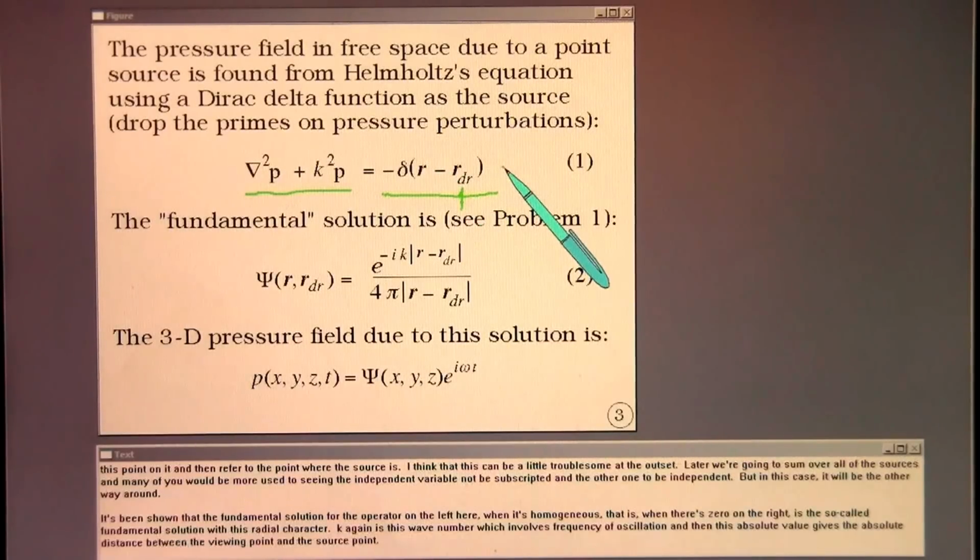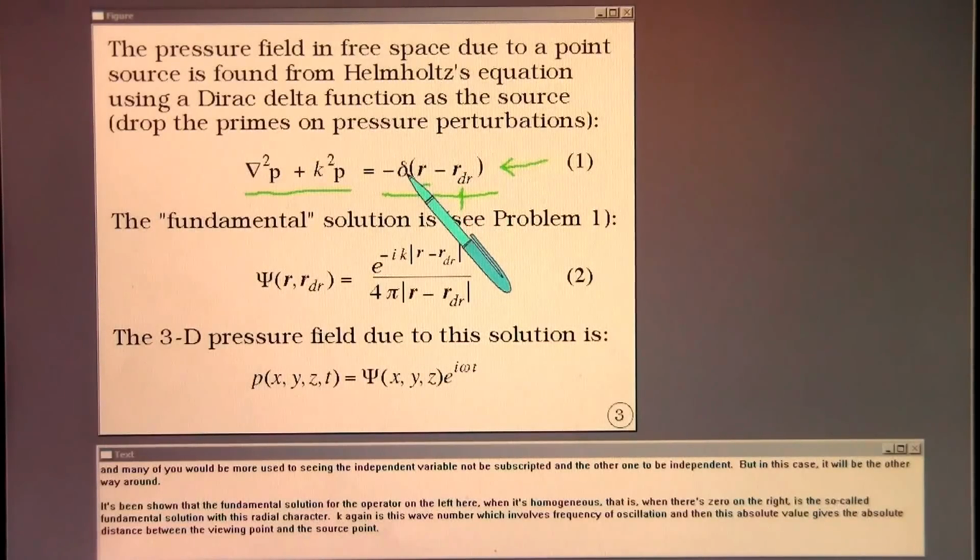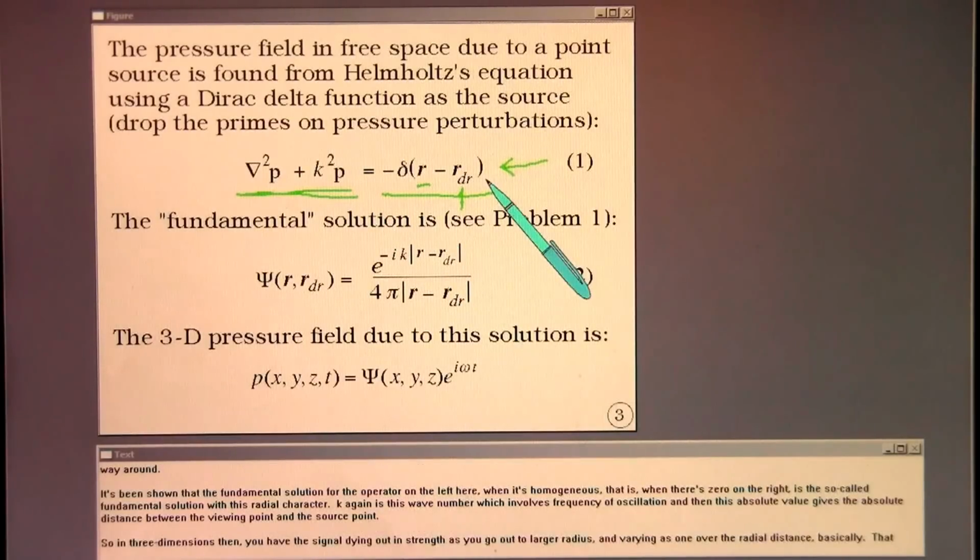Later we're going to sum over all of the sources, and many of you would be more used to seeing the independent variable not be subscripted and the other one to be independent, but in this case it will be the other way around. It's been shown that the fundamental solution for the operator on the left here, when it's homogeneous, that is when there's zero on the right, is the so-called fundamental solution with this radial character.